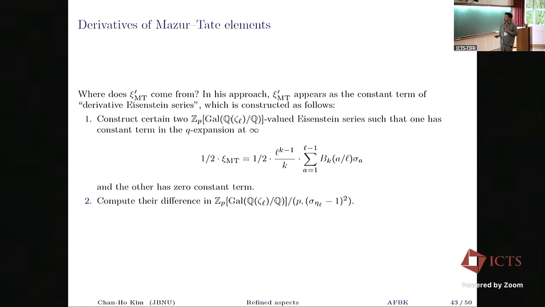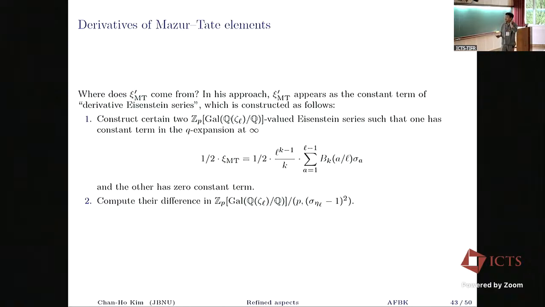And where does this derivative come from? In his approach, the derivative appears as the constant term of a derivative Eisenstein series, which is constructed as follows, very briefly.